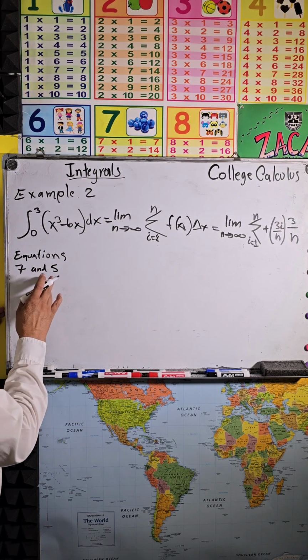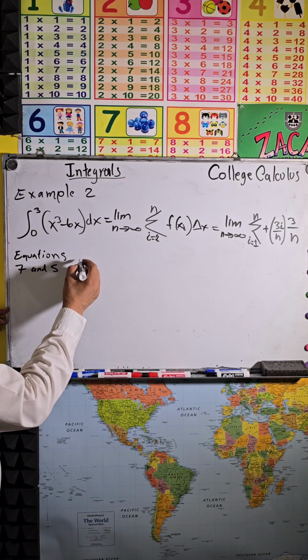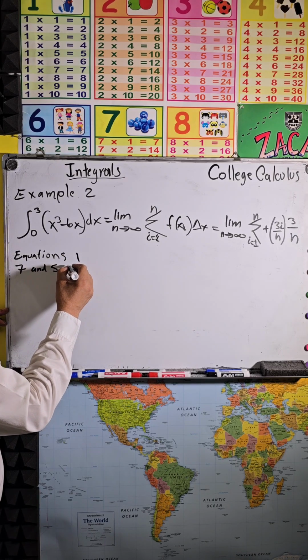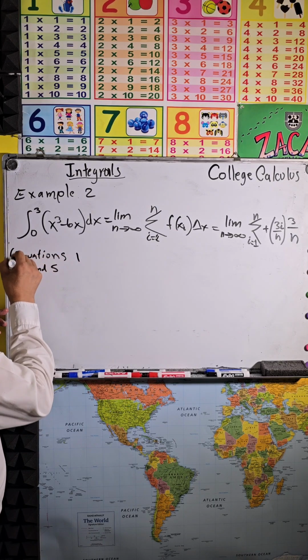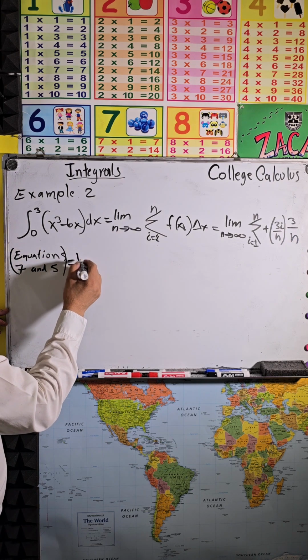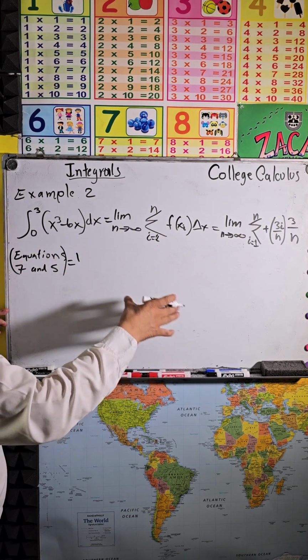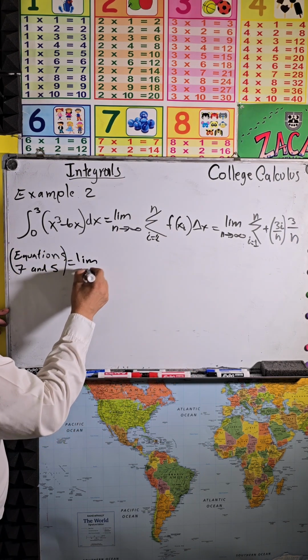So take a look at equations 7 and 5. Right here, limit, this equals, simplifying. We are simplifying the process, okay?